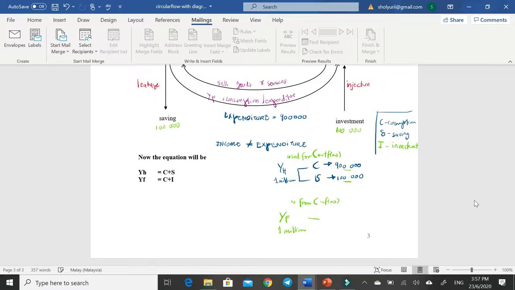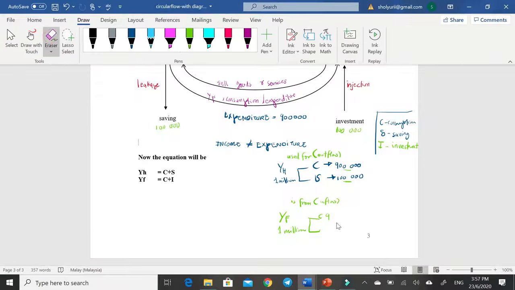While untuk firm daripada 1 juta tu 900,000 dia dapat from consumption, okay, consumption dia dapat 900,000 and bukan saving sorry, saving is for household, and another one 100,000 they got from investment, and they will still get their 1 million.